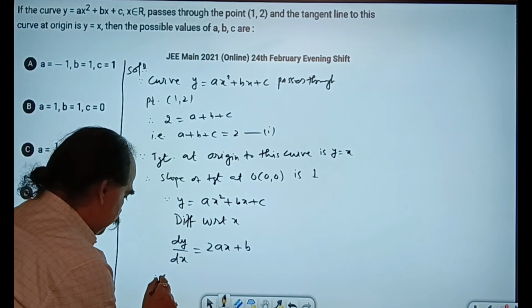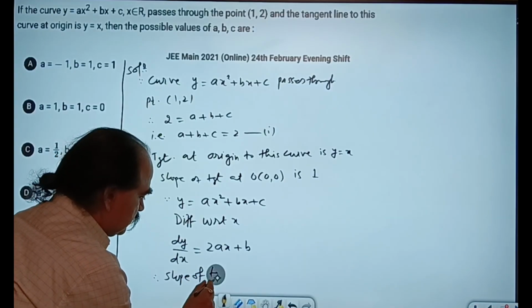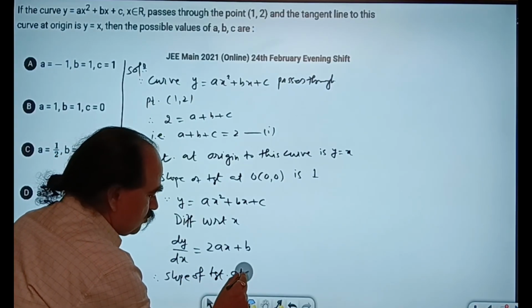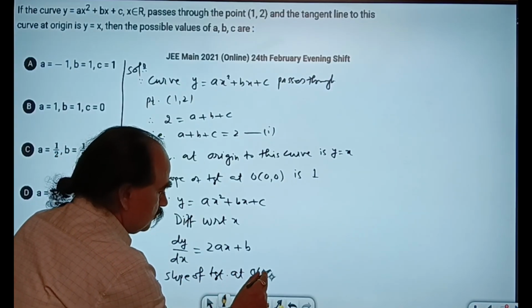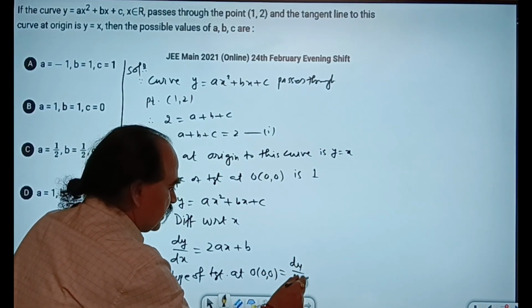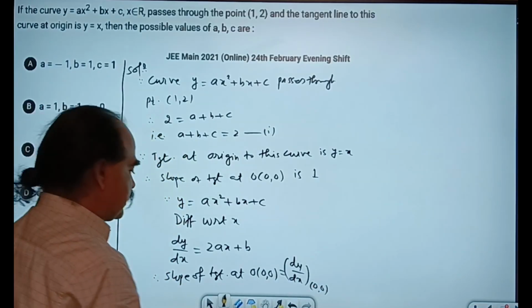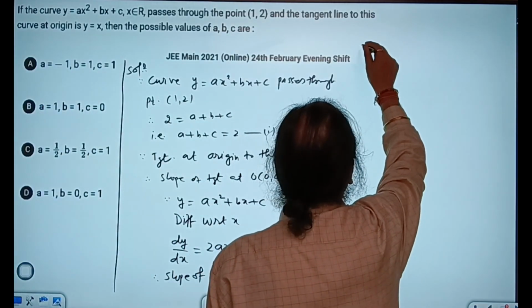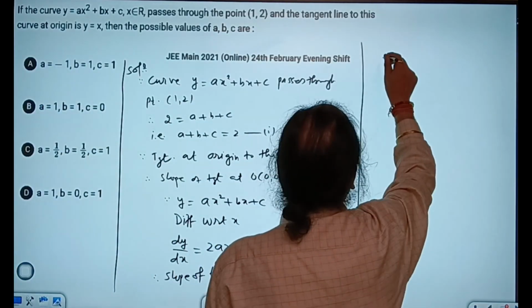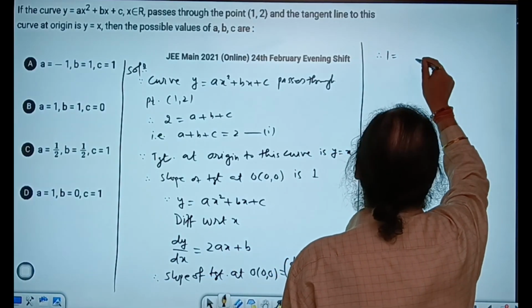Therefore, slope of tangent at 0, 0 is dy by dx at 0, but slope of tangent is 1. Therefore, 1 is equal to 0 plus b.